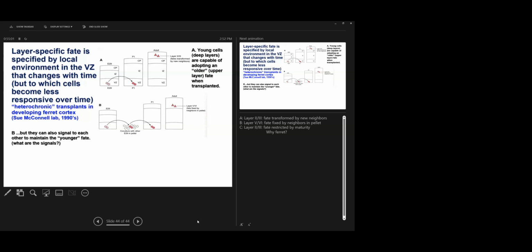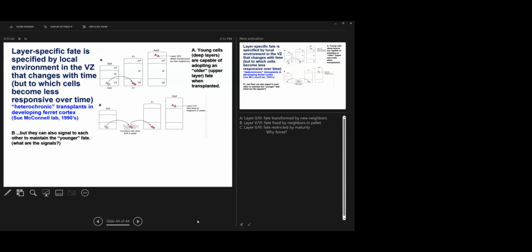When they co-cultured with the pellet cells from E29 and transplanted them to the P1 stage of development, you can see that they become younger cells, because those cells removed from the E29 stage receive signals from the younger cells here. So other cells from E29 receive signals from the younger cells, and now they become younger cells. So the pellet actually fixes the cell fate. So it depends on the local environment. That's why I want to highlight that it depends on the local environment.